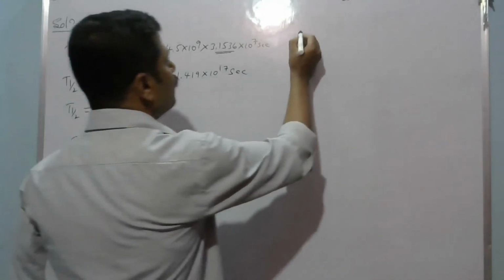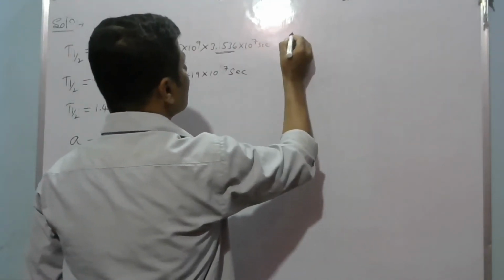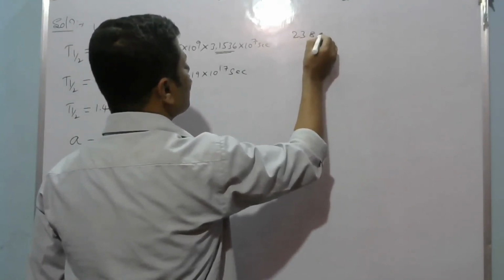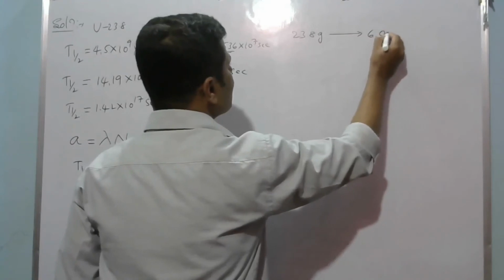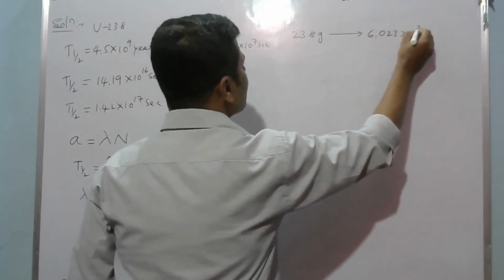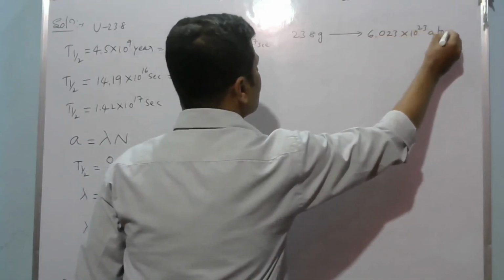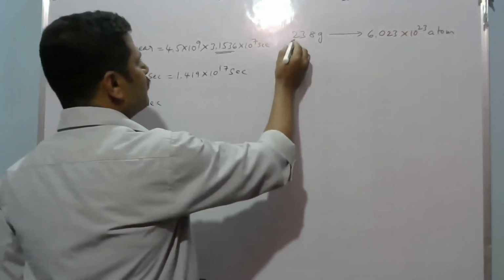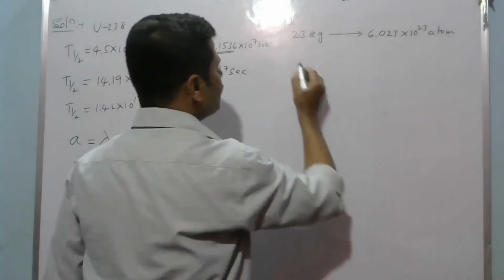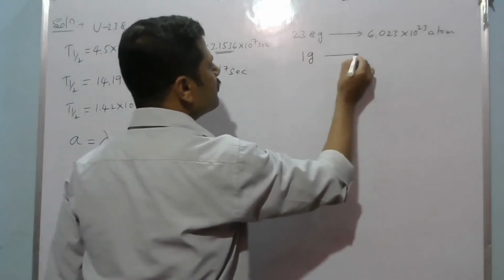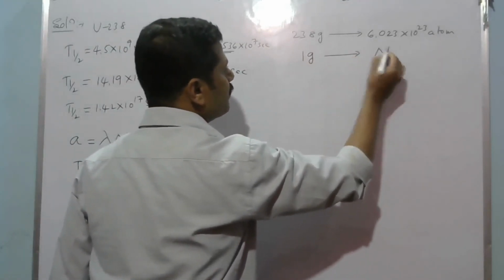We know that 238 gram of uranium consists of how many atoms? 6.023 into 10 to the power 23 atoms. This is Avogadro number. 238 gram of uranium consists of these many atoms, and 1 gram of uranium consists of how many atoms? Let me consider it n.